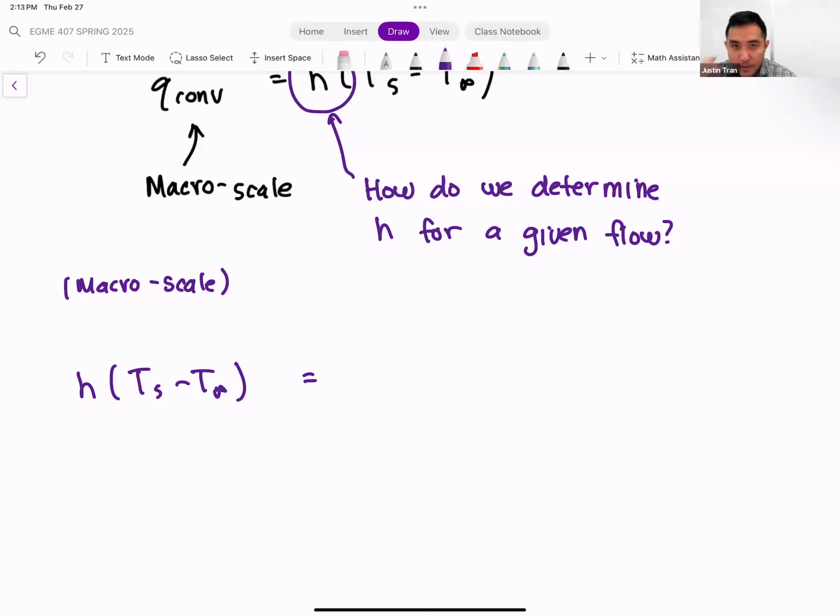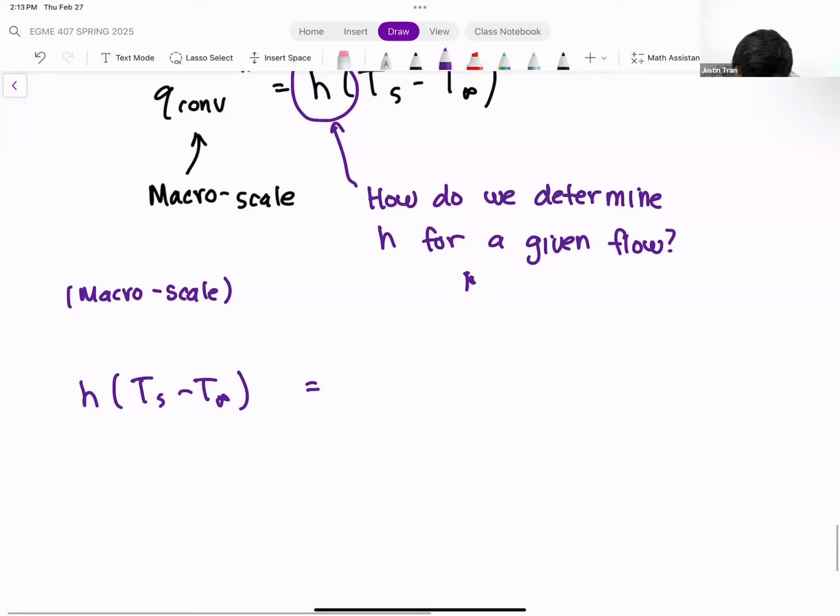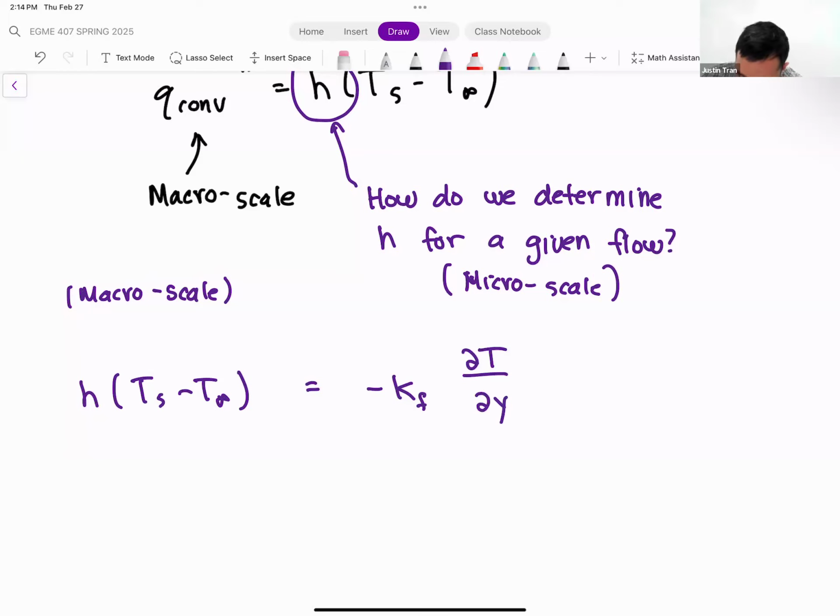Ideally, because they're describing the same phenomenon, this should be equal to the heat transfer on the micro scale, which, we just found out, was minus k of the fluid times partial T partial y.